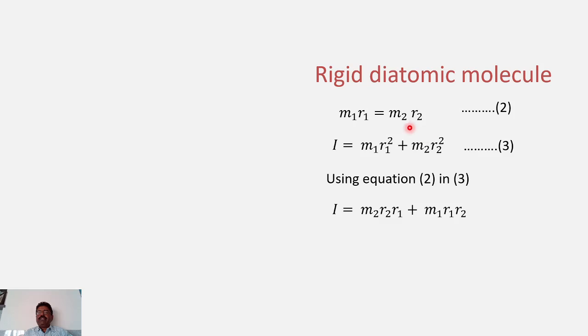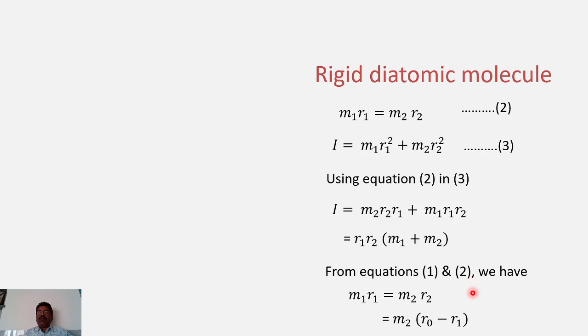Similarly, the second term m2 R2 square you can write as m2 R2 into R2, and m2 R2 is replaced by m1 R1, so m1 R1 into R2. So I is equal to m2 R2 R1 plus m1 R1 R2. You can take R1 R2 common, so I will be equal to R1 R2 in bracket m1 plus m2.